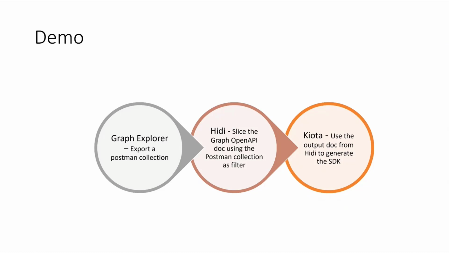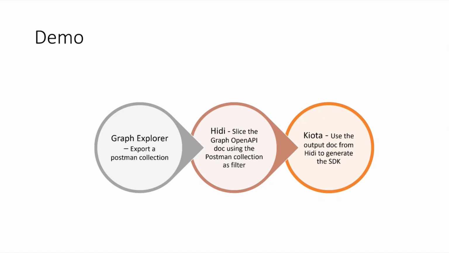And then I am going to use another one of our tools. It's called HIDI. And HIDI is a command line tool that allows processing of OpenAPI documents. So things like transformations on OpenAPI documents, let's say you need to go from V3 to V2 or vice versa, YAML to JSON and vice versa.